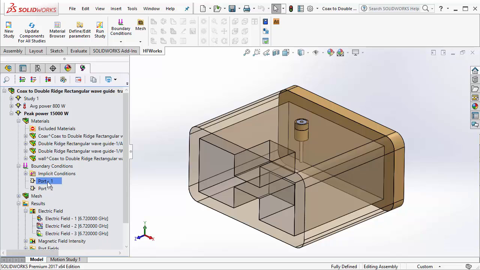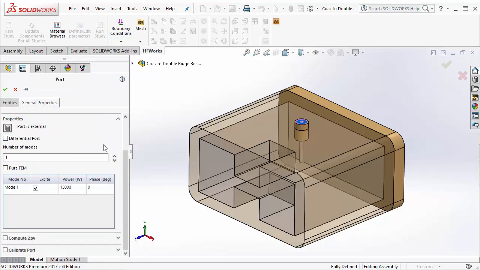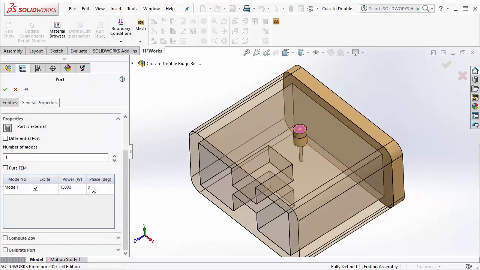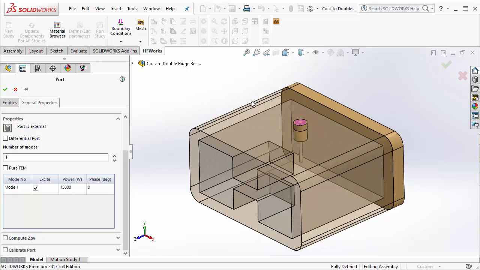Then we specify the port boundary condition to specify the port. This port is excited with 15 kilowatts of power. That is really the peak power, or the peak operating condition, which exists for a very short period of time.